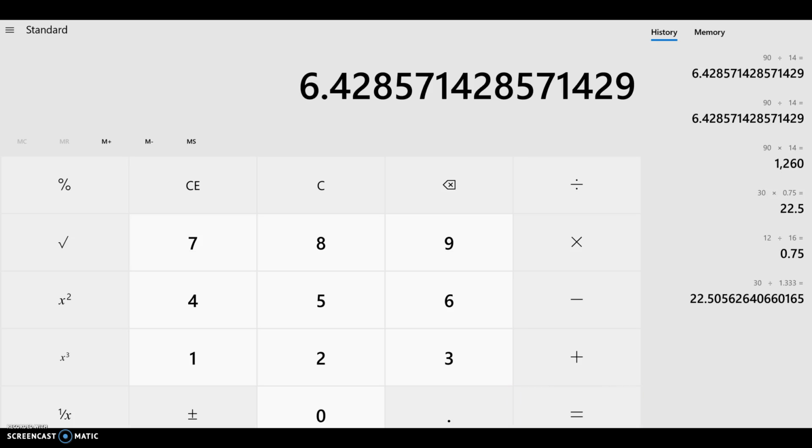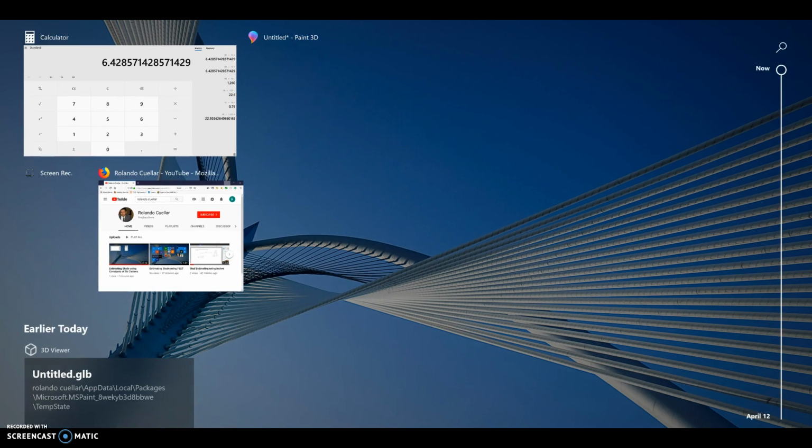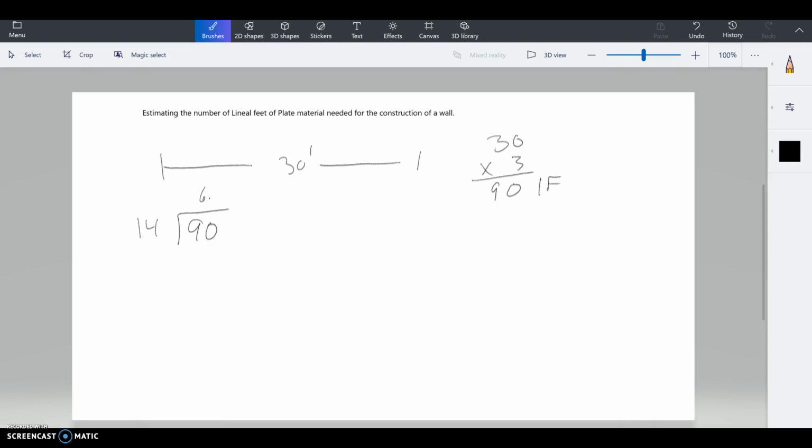That would give me 6.42 or 7 pieces of material that I need for this here. So 6.42, which equals a quantity of 7, 2 by 4 by 14 footers, SPF number 2.